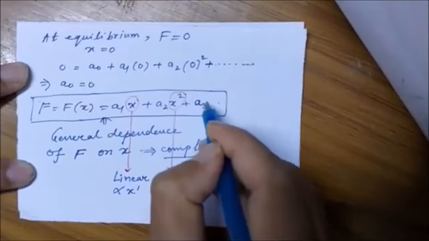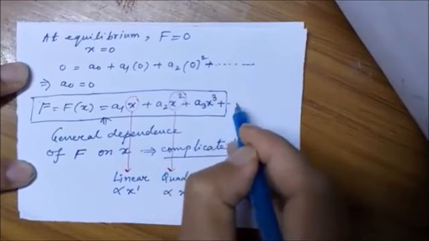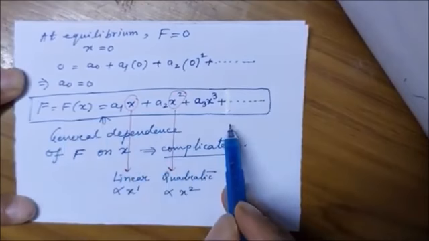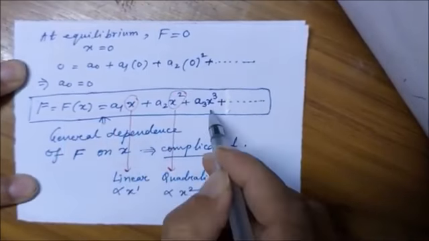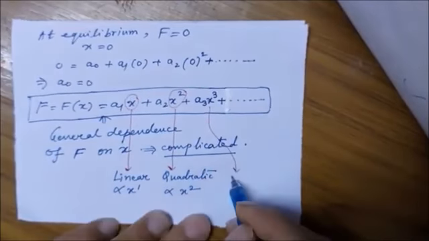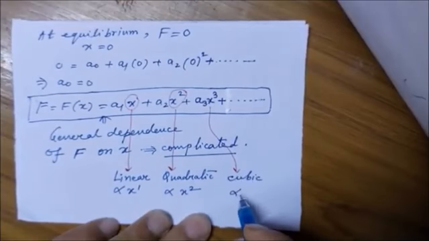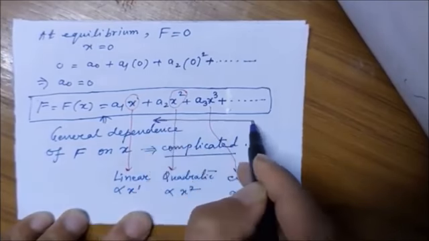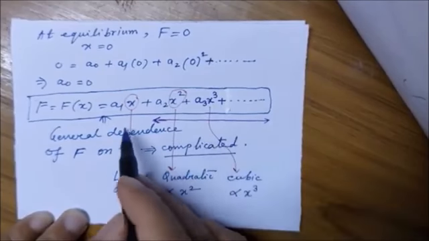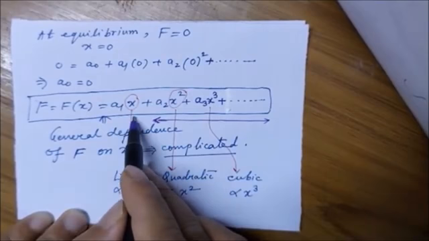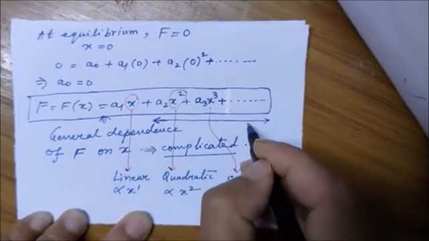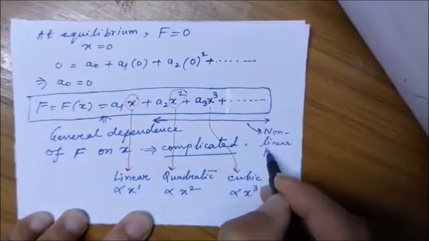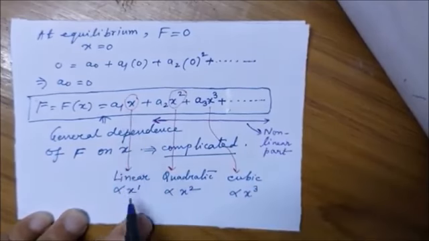It will be a3 x cubed plus and so on. So this is the general dependence, which is extremely complicated. Now this is the cubic term proportional to x to the power 3. It follows therefore that this portion is the non-linear part and this portion is the linear part.